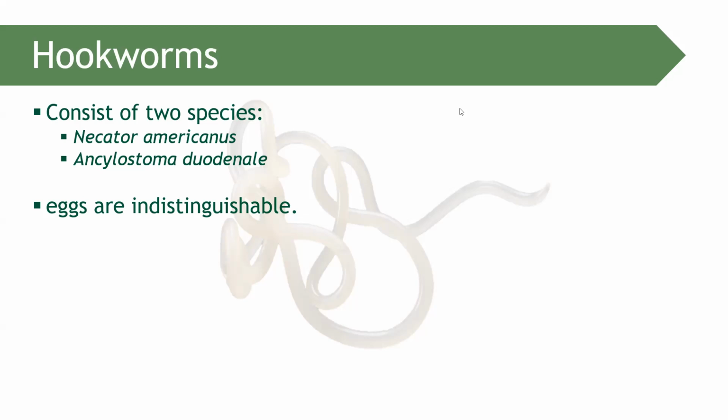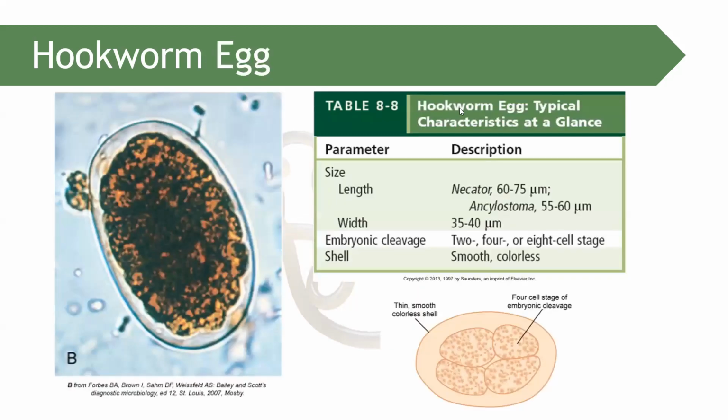Now, like what I've said, there are two species, actually four species of hookworms. Now, the egg of hookworm, kagaya po ng sinabi natin kanina, is general for both Ancylostoma duodenale and Necator americanus.